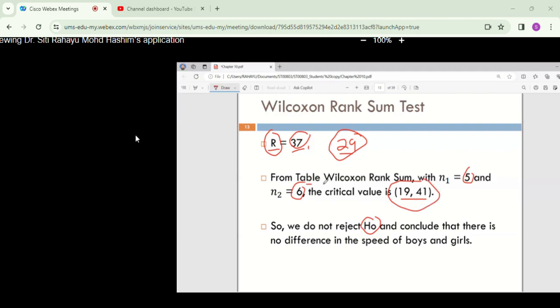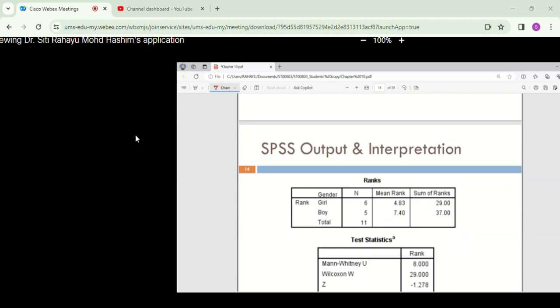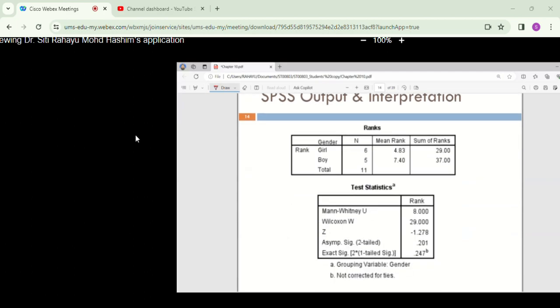From the Wilcoxon rank sum table. It means that there is no significant evidence to reject the null hypothesis. So we do not reject the null hypothesis. So the conclusion is, we conclude that there is no difference in the speed of boys and girls. So that's how we got it.